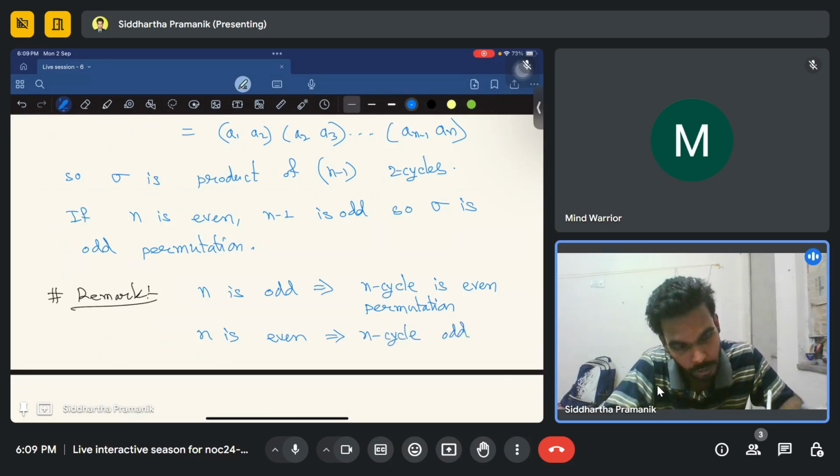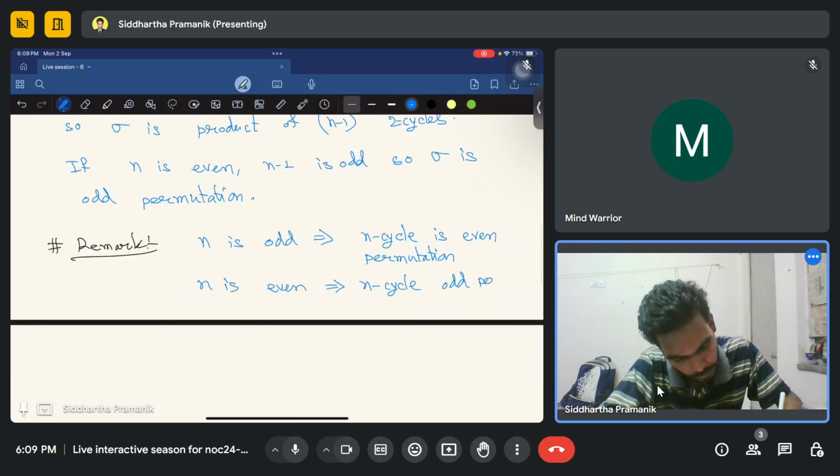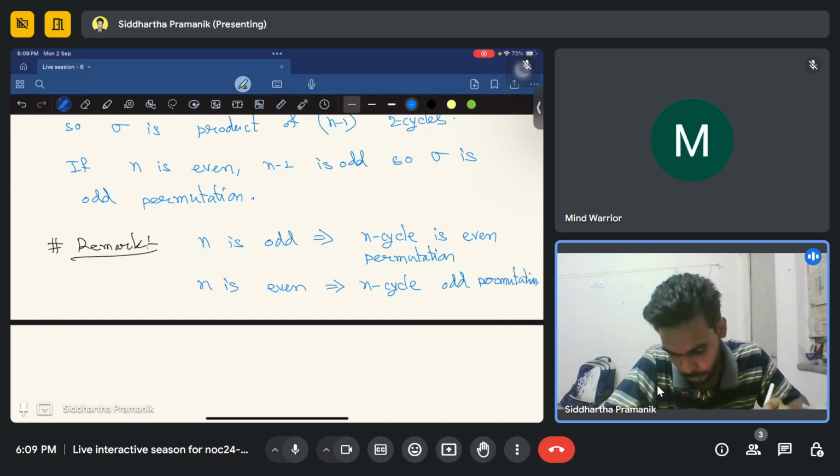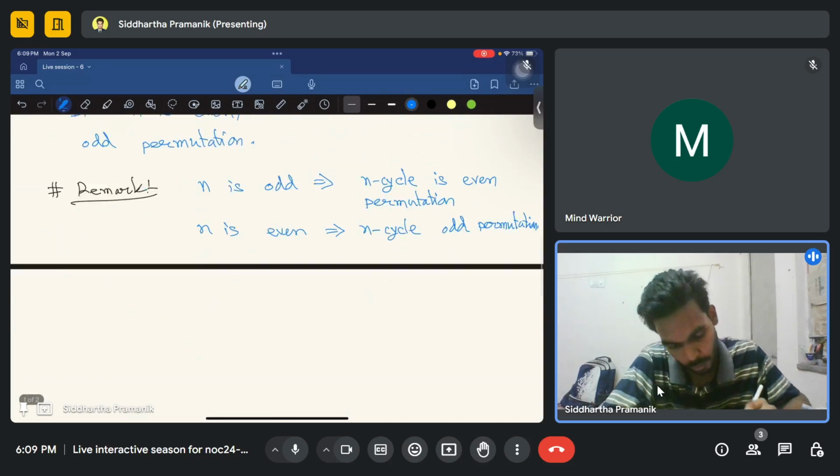This is something we should remember, because we will be using it many times.